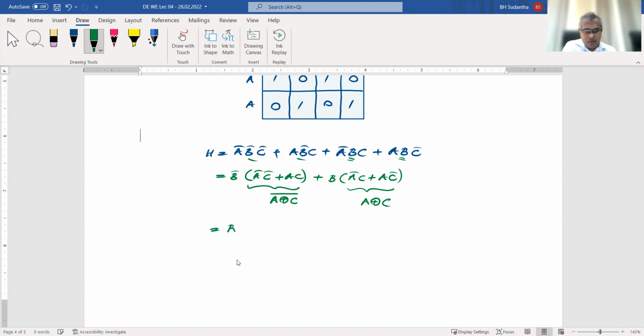Then this is B bar A exclusive NOR C plus B A exclusive OR C. Then for this we can write A exclusive OR C, B.